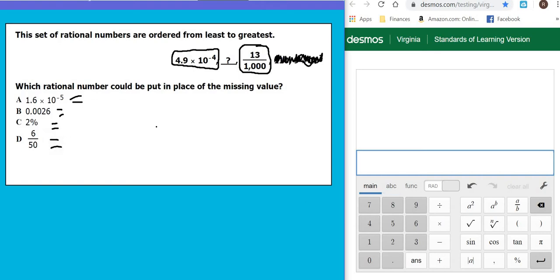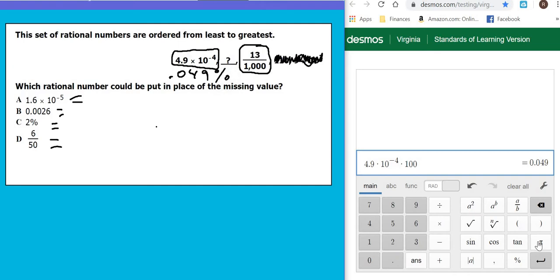So I'm going to come over to my calculator and I'm going to put in 4.9 times 10 to the negative 4. And that's scientific notation. So now I have to multiply it by 100 to make it a percent. And that turns into 0.049%.